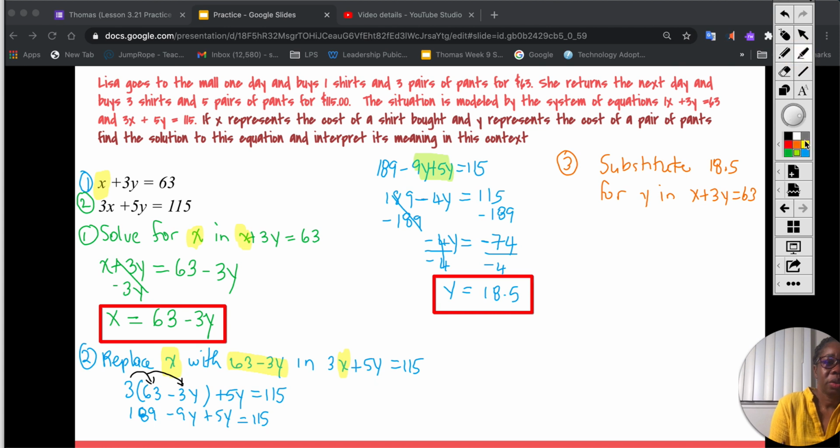So where we have y, we're going to replace it with 18.5.